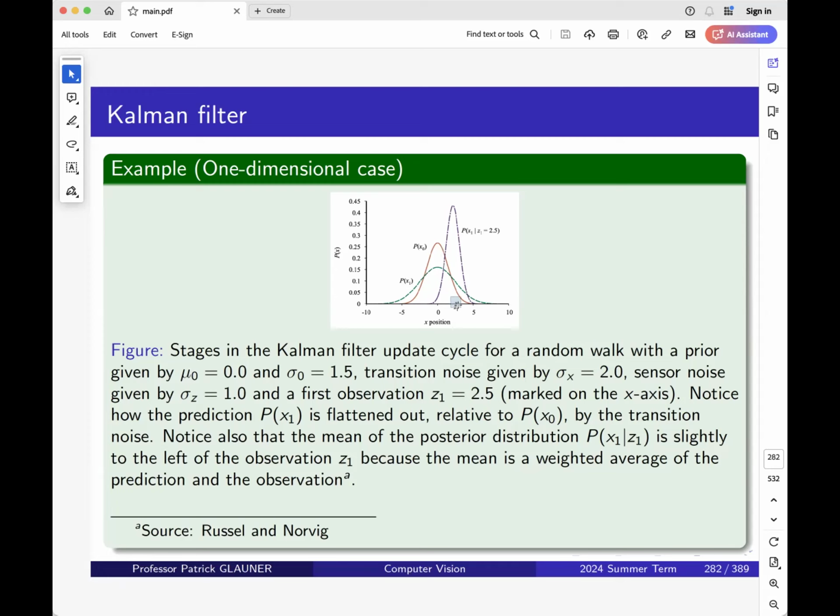But then we have our first observation Z1. So the conditional here of P of x1 given our observation actually gives us now a quite reliable estimate, because we see that this purple one here is actually relatively narrow and quite certain about its x1. Because we have now plugged in the evidence and we are more certain. If you now transition from x1 to x2, again, you would probably flatten that curve a little bit.